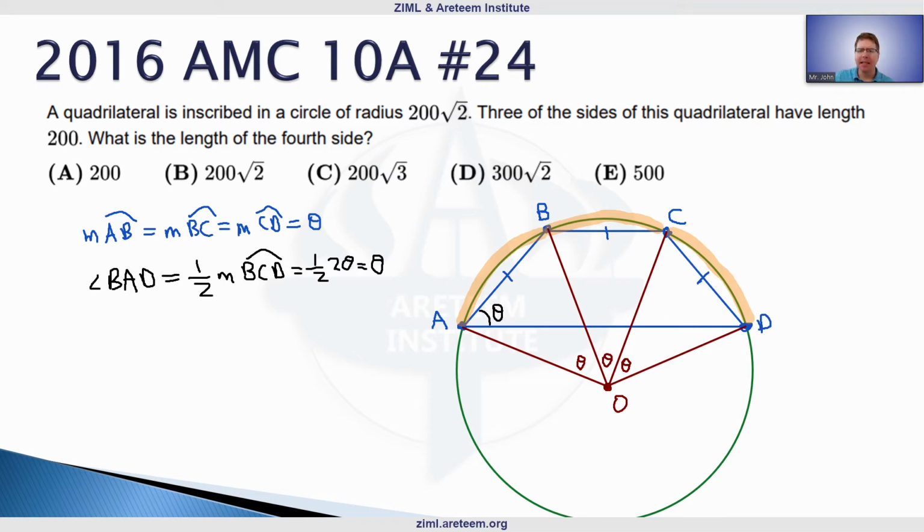That is what's important in this case. Now, let me label a couple of other points here. We had A, B, C, D. Let me keep going: we have this point here, E, and this point here, F. And here's where the magic is going to start happening. Let's start with this side. You'll see that stuff happens on the other side as well. But let's start here with these triangles.